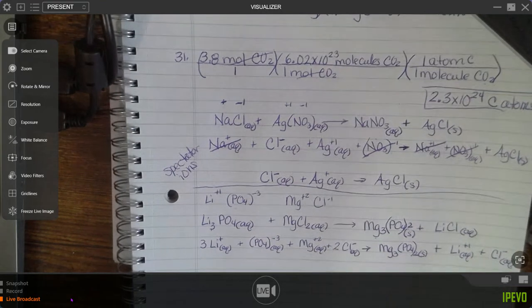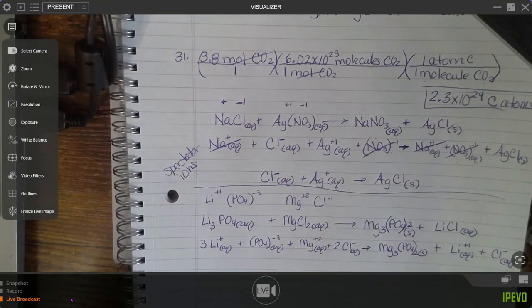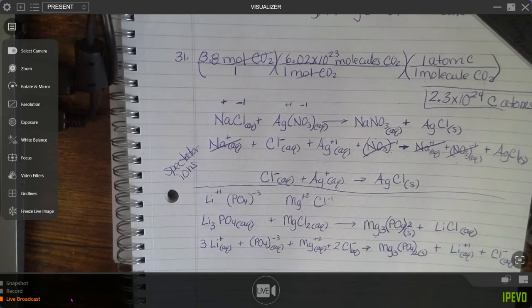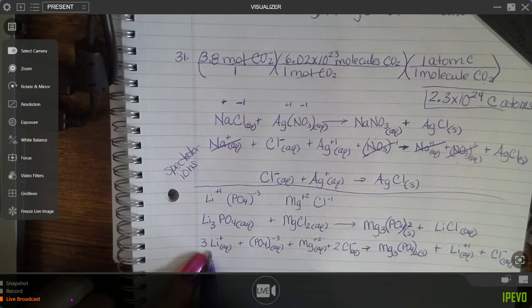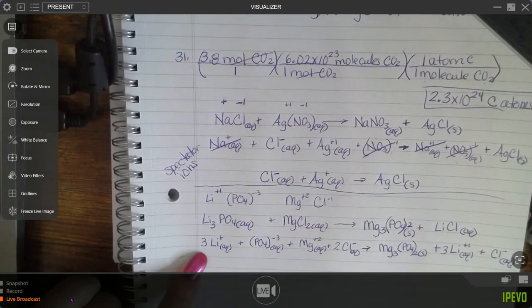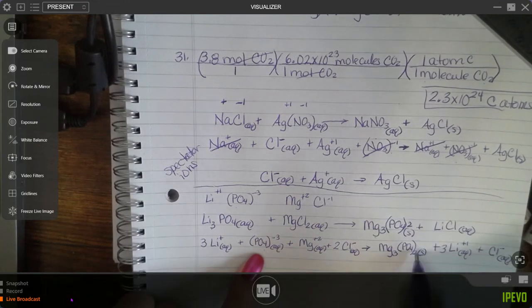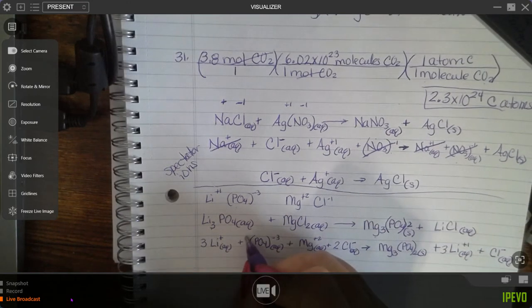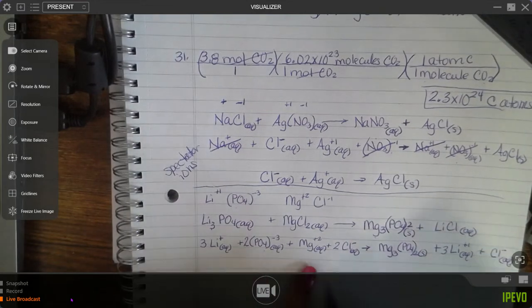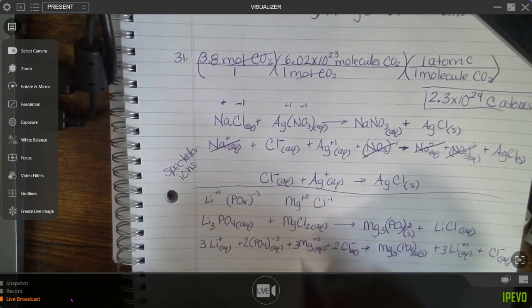Now, before we go any further, and we can do it at this step, it might actually be easier at this step to balance, but we need to balance our equation, okay? So for example, I have 3 lithium ions here, so I need to have 3 lithium ions over there. I have 1 phosphate here. Over here I have 2 phosphates, so I'm going to put a 2 there. Magnesium, I've got 1 here, 3 here.